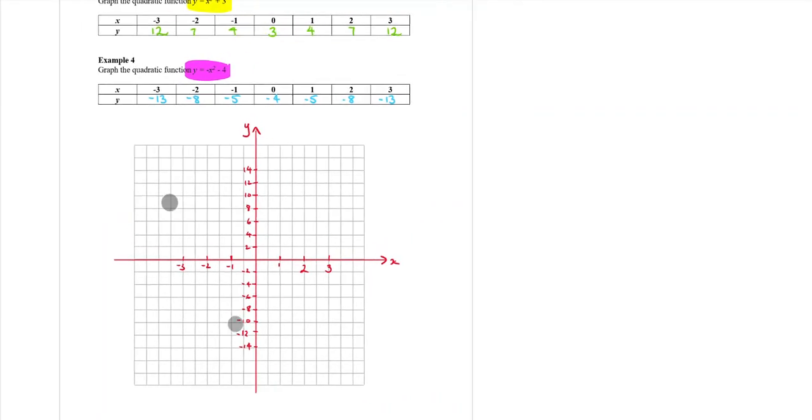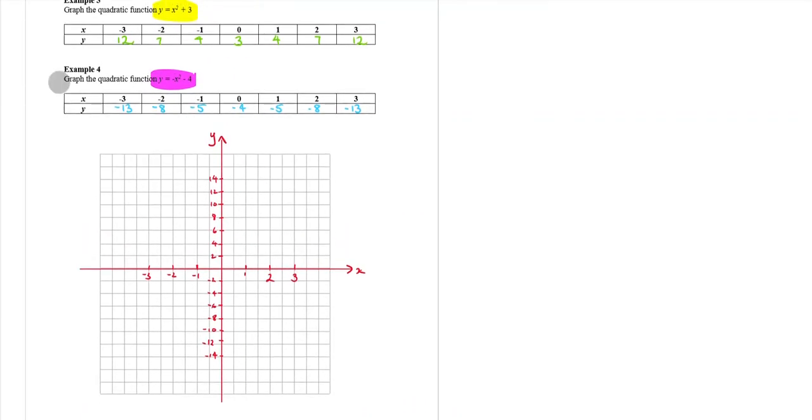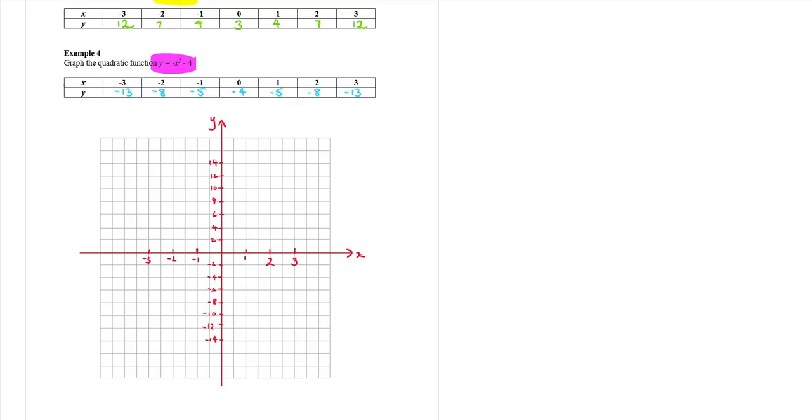Okay, so looking back to our table of values, the first one, our first point was -3, 12. Let's put a dot there. -2, 7. -1, 4. 0, 3. 1, 4. 2, 7, 3, 12.